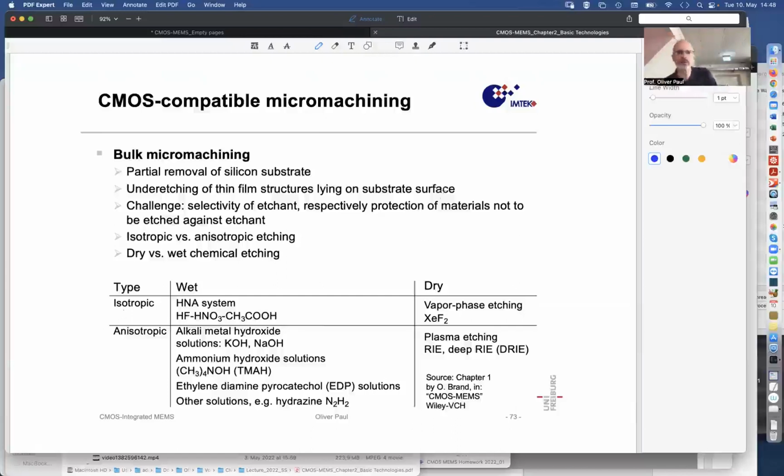And by isotropic, for those who might not know, if I have a silicon wafer like this with some protection layer, how will it be etched? So it will be etched in all directions with the same likelihood, which will produce a structure that will look like this.